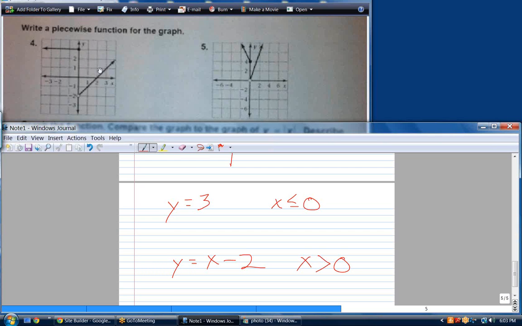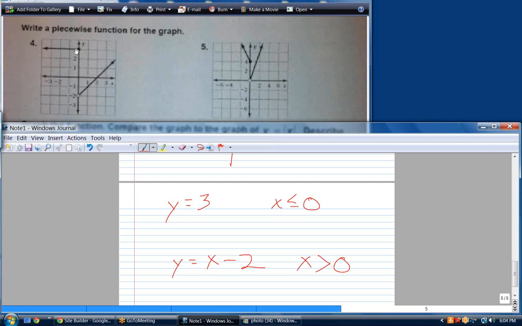Now, looking at that graph, does it pass the vertical line test? Yes, it does. Even if I put my vertical line right over the y-axis, I only have one value for y, and that's 3, because of that closed dot and this open dot.